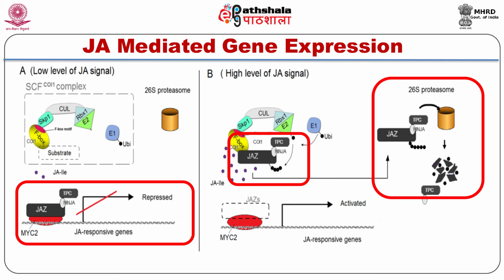Another protein called Jasmonate ZIM domain, or JAZ protein, is a transcriptional repressor and binds to the MYC transcription factor. The complex of COI1 and JAZ is the receptor for JA signaling.